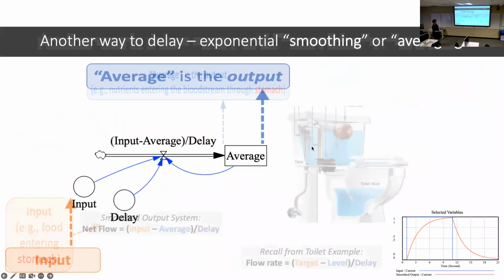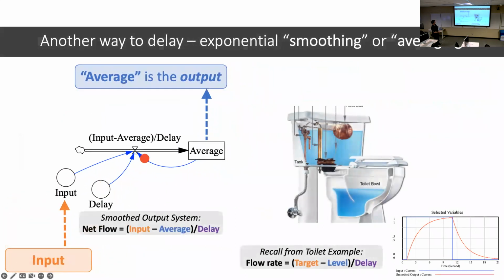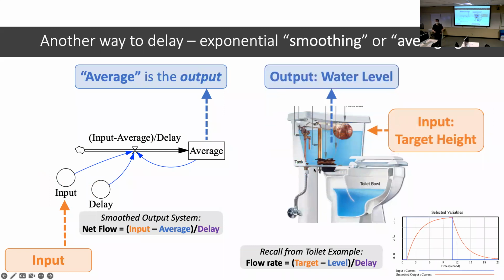And we've got some delay term, which is representing the connection between the two of them. And that's really the same thing as our toilet bowl model, where our input is kind of like the desired level of water, the average is the actual level of water, and the delay characterizes how quickly the valve works.